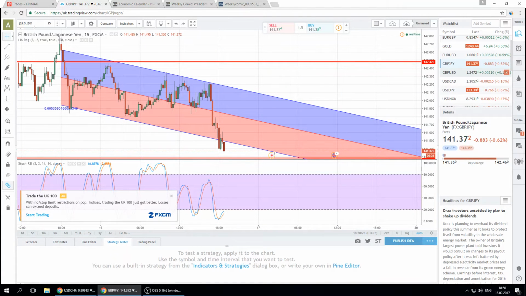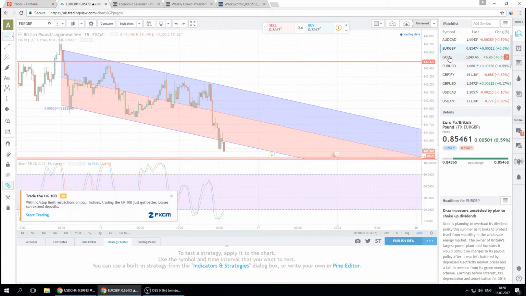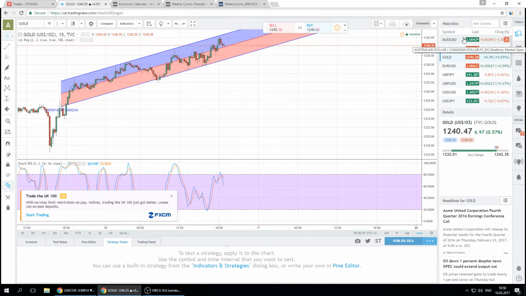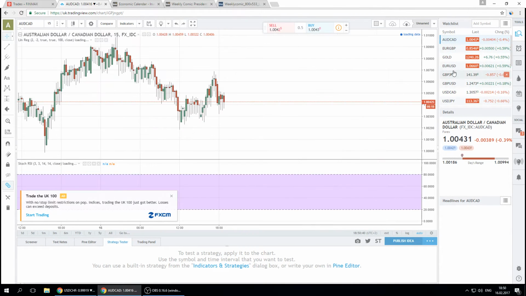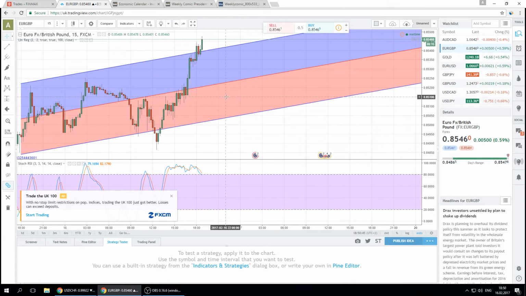The previous trade that we opened, the first one, expired in the money. So here we have gold. Euro to British pound. As you see, the market price has broken through the upper line of our trend line, and right now I wouldn't open the trade.